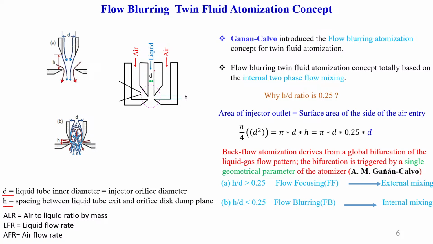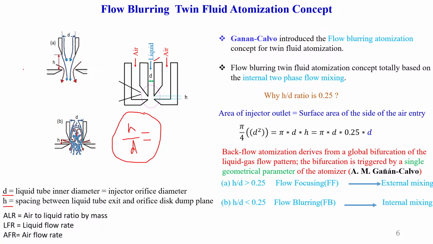So this is D and H. Internal will be the liquid flow, outer side is the airflow. Based on these simple geometrical parameters D and H, we define the H by D ratio. This is the important geometrical parameter.